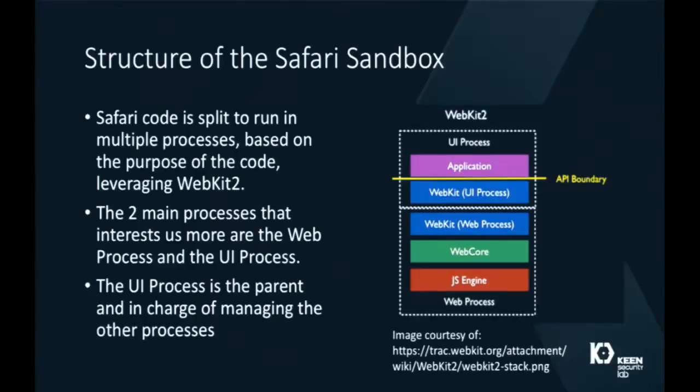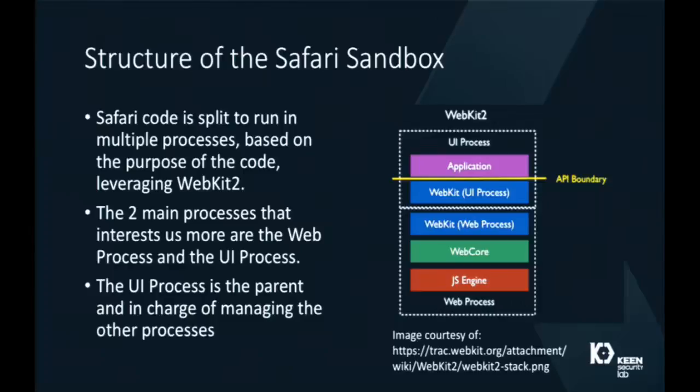One is the UI process, which is the one the user interacts with, where you click the button, go back, and input a URL. The second one is in the background, and it's the web process, which is responsible for rendering your web page and handling untrusted inputs, such as JavaScript, HTML and images.